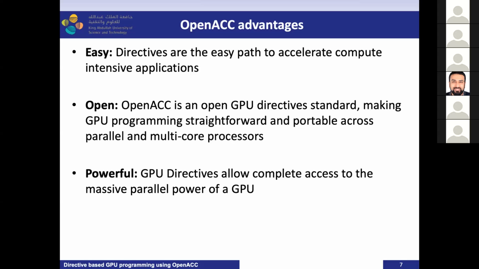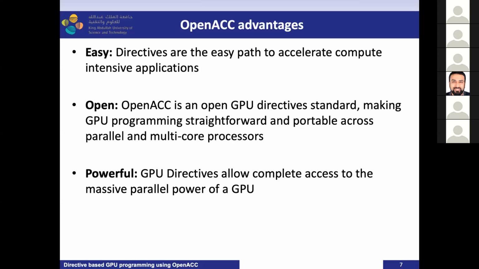It's also powerful because those directives give you complete access to the power of the GPU at different levels of parallelism, with different features of the GPU. The architectural details can be expressed using just directives of OpenACC.